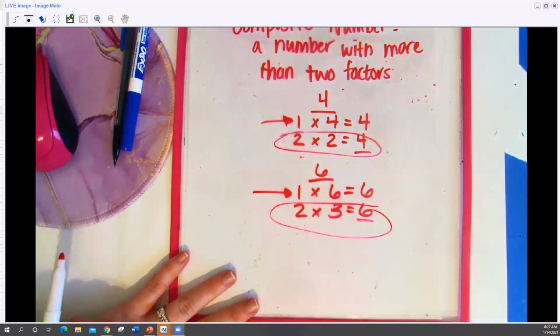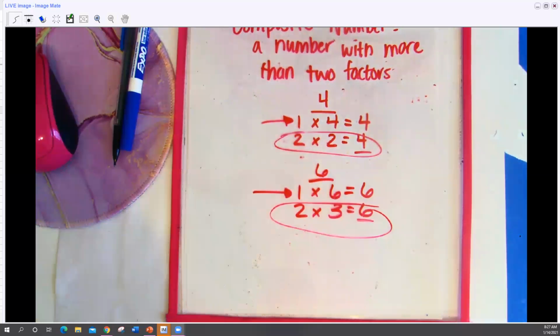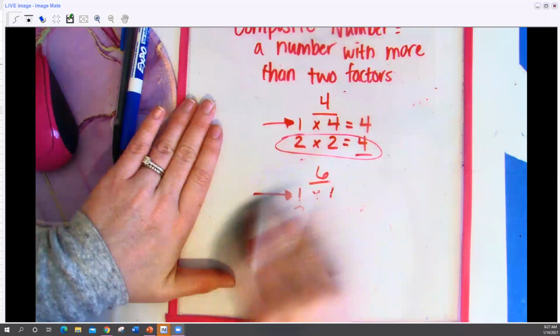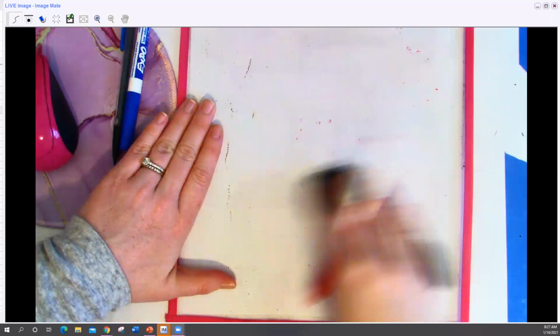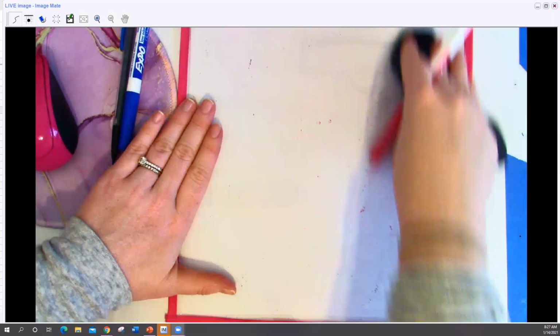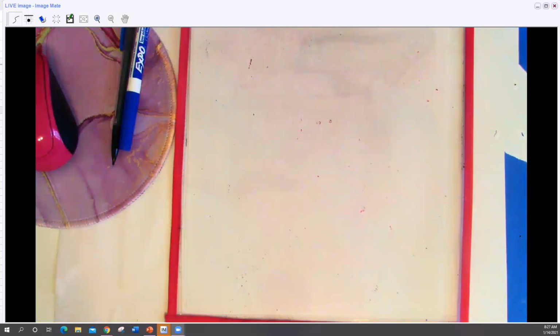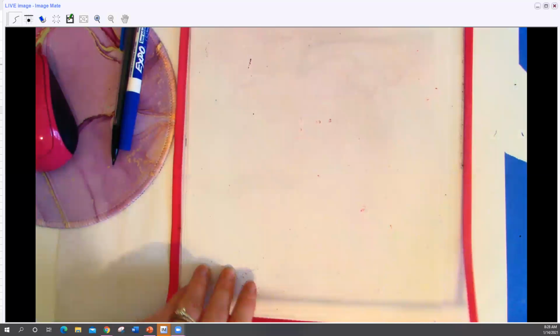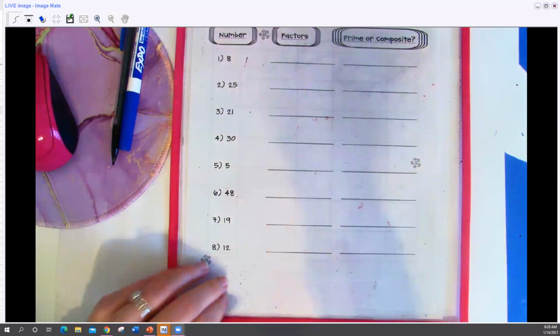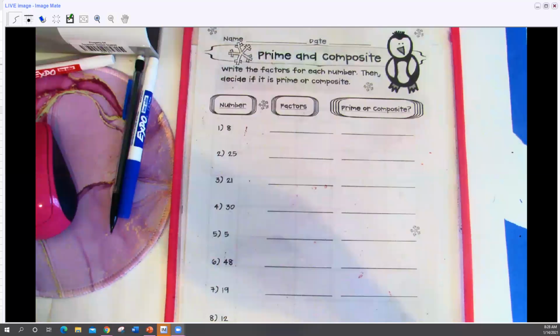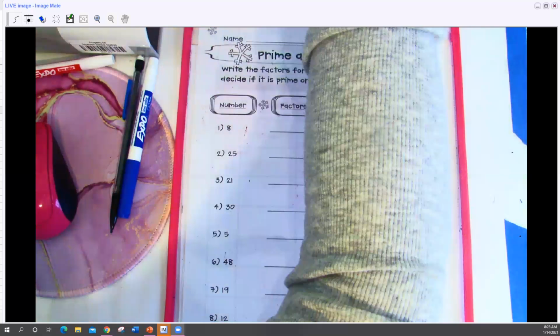So we're going to do a couple problems together here, and then I will post the rest of it for you to complete on your own. So it looks like there's 8 problems. I'll do 4 right now, and then you'll do 4 on your own. And I love this because there's a penguin. So obviously this is one of my favorites.